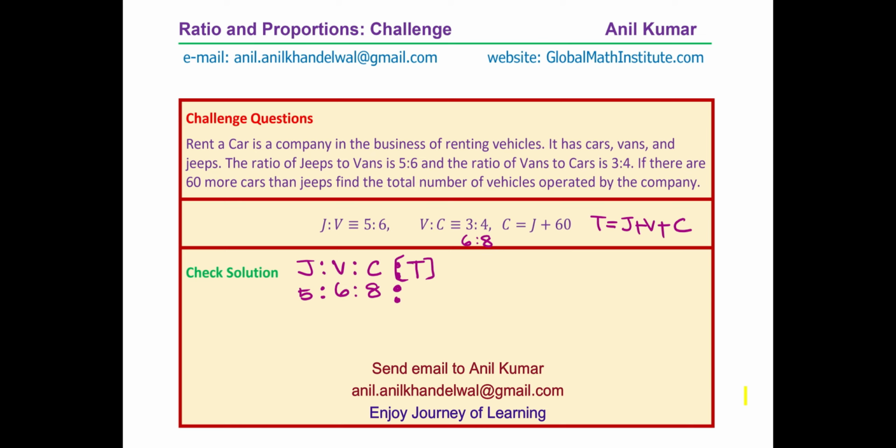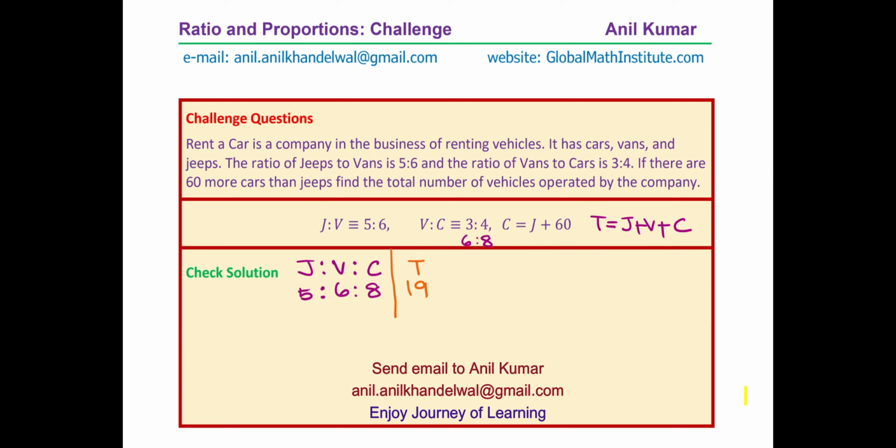It is a part of ratio, right? So let me write this in a different ink also so that I make it absolutely clear for you. So the total, when it is 5, 6, and 8, will be 5 plus 6, 11 plus 8, 19, right? So we have a total of 19 if that is the ratio.